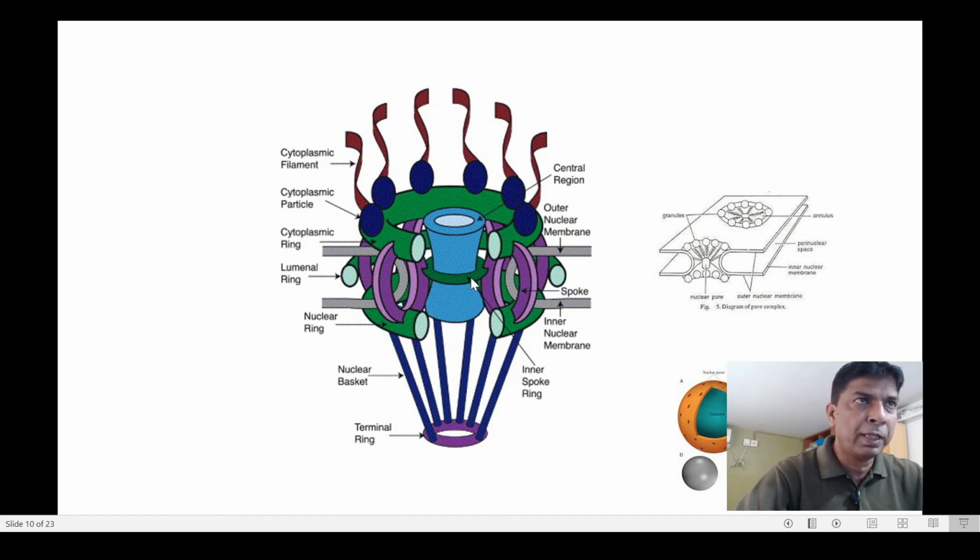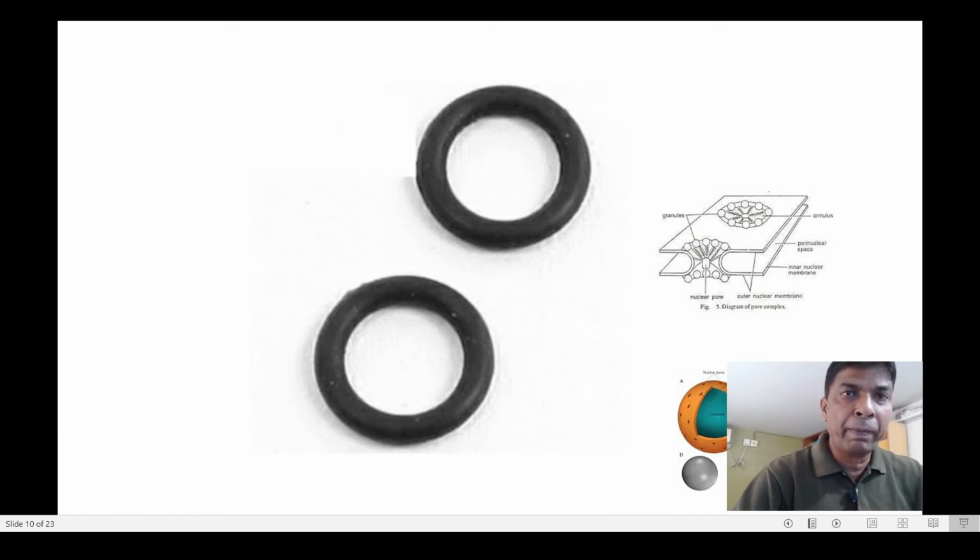The nuclear ring is present under it, and there is a basket known as the nuclear basket, and finally a ring, known as the terminal ring. So this is the structure of the nuclear pore complex. It looks like O-rings or thick rubber bands.